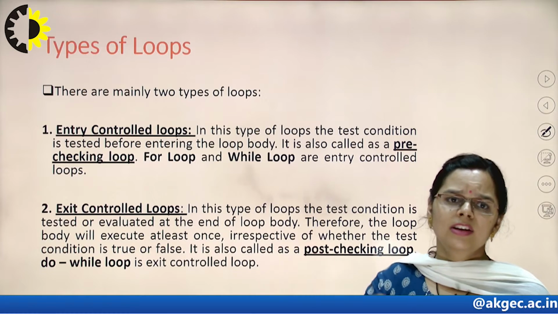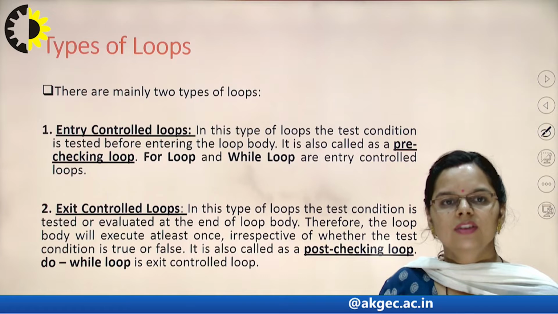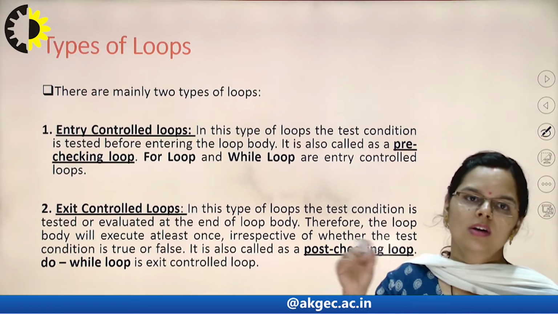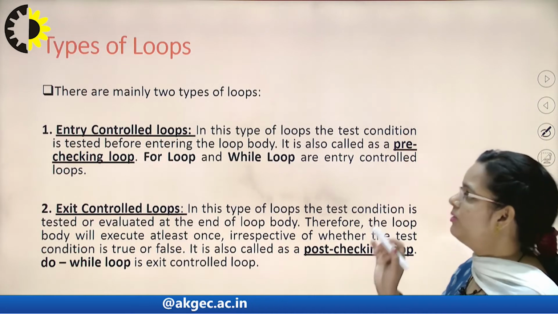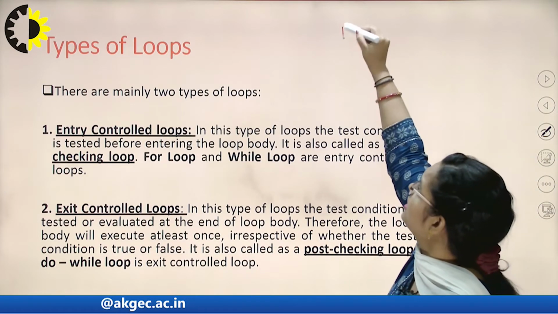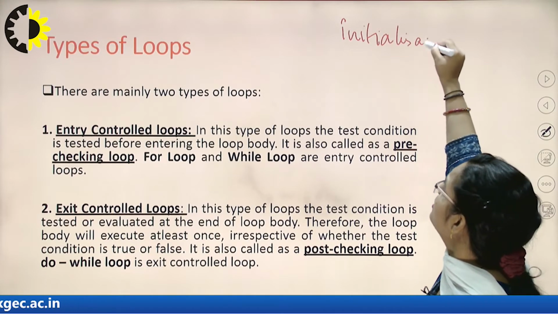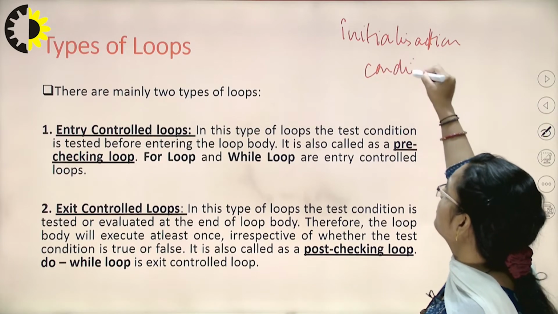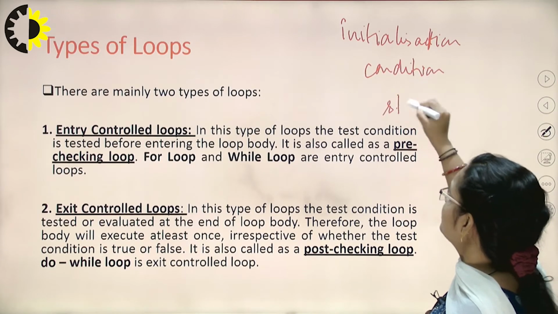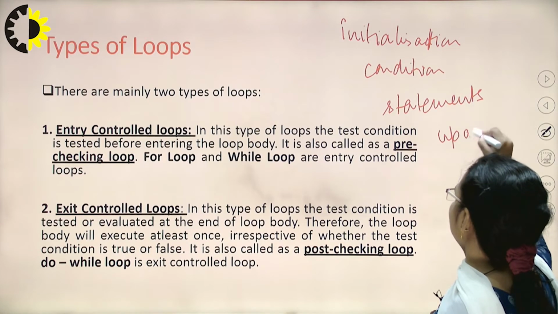In the very next iteration, it again checks the condition, and if the condition is true, it keeps on evaluating the statements. So in each and every type of loop, we have 4 steps: initialization, condition checking, after that the statements, and the updation.